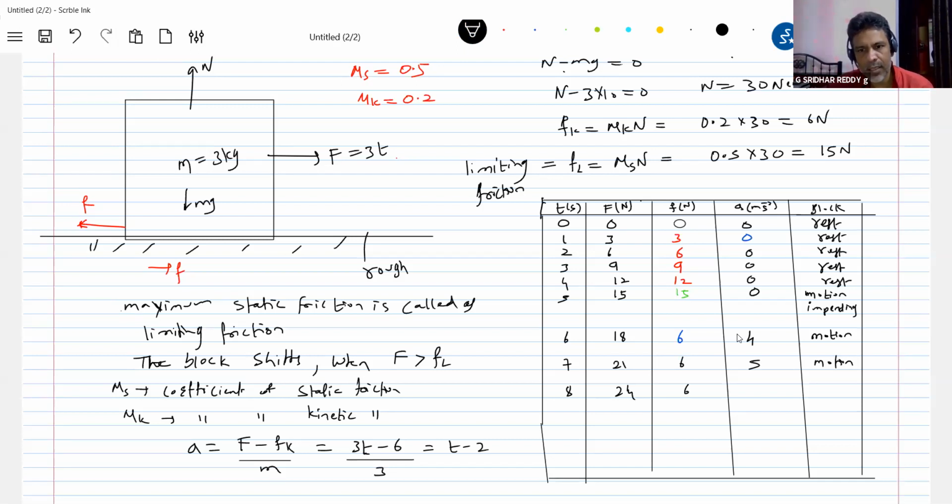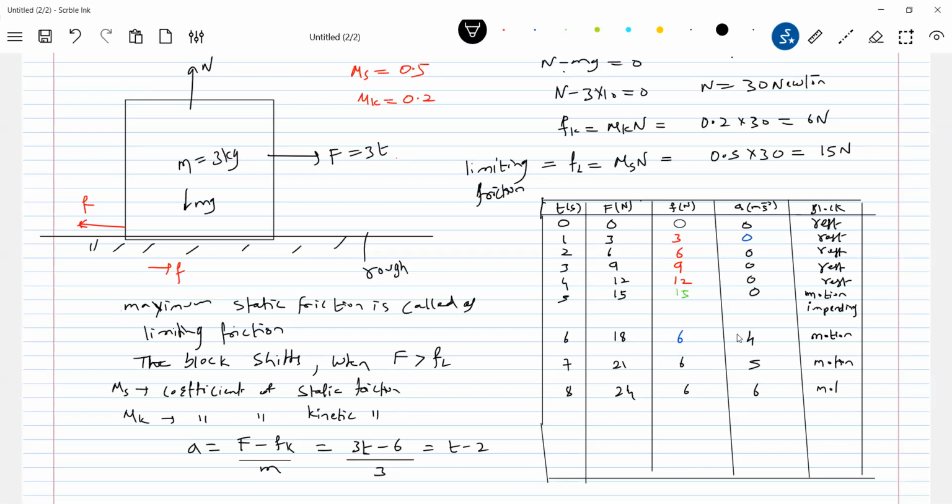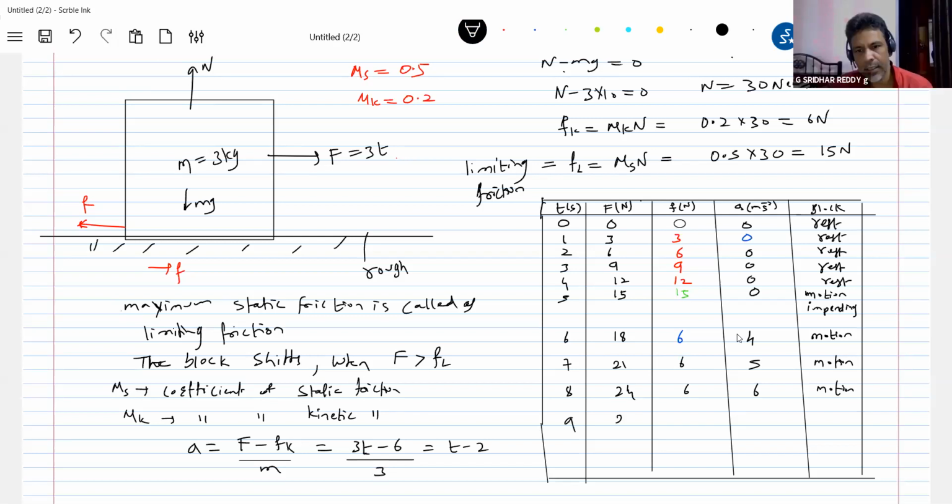Acceleration will be 6, and this will be motion. 9, 27. Like that, you will put it till 10. So this will be 30 Newton, 6 Newton. This will be 8.